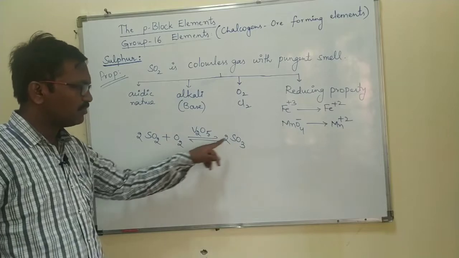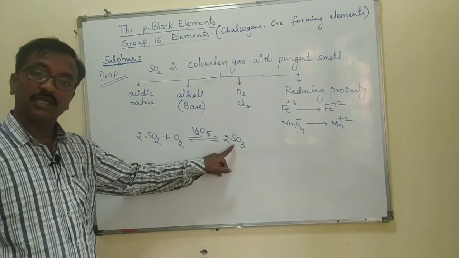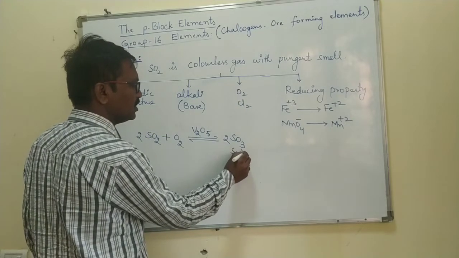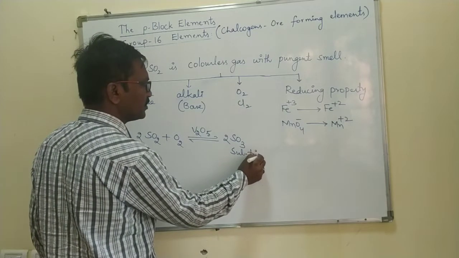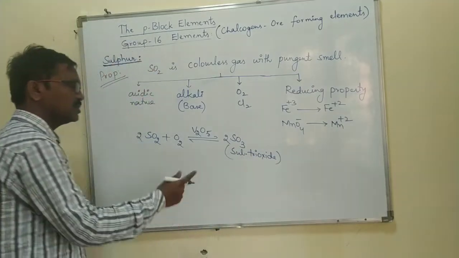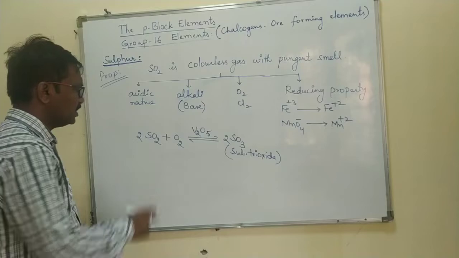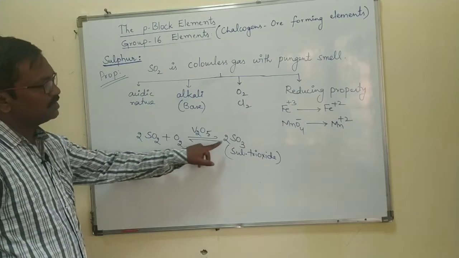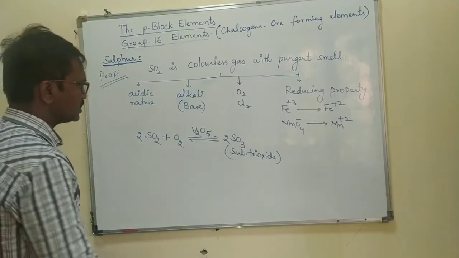Tri means 3, oxide means oxygens. Sulfur dioxide when reacting with oxygen forms sulfur trioxide.